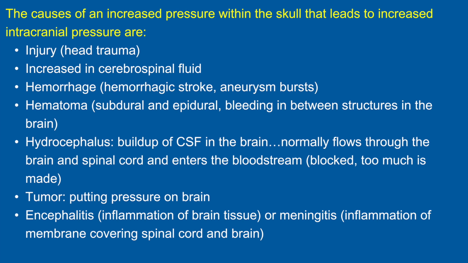It may be blocked or too much is produced. Patient with a tumor putting pressure on brain, encephalitis, inflammation of brain tissue, or meningitis, inflammation of the membrane covering the spinal cord and brain.